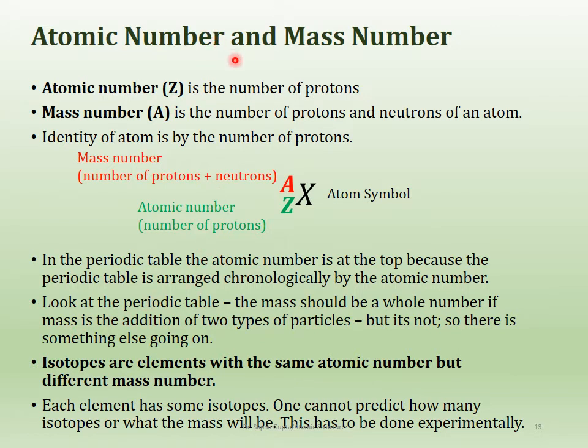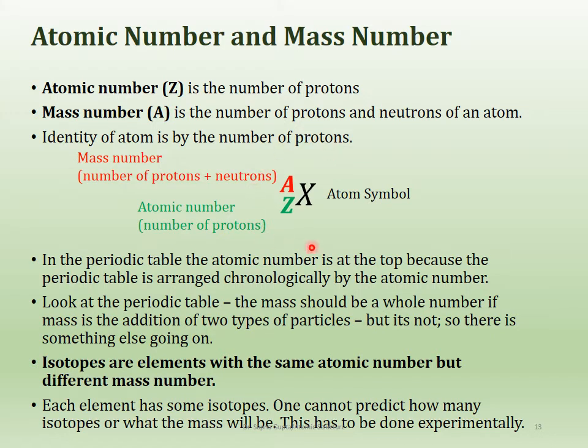So now a few things about the atom itself. The atom has a few numbers that you need to remember. First one, the atomic number, which is the number of protons. Mass number is the number of protons and neutrons in an atom. The identity of an atom is by the number of protons, not by the neutrons, not by the electrons, only by the protons.